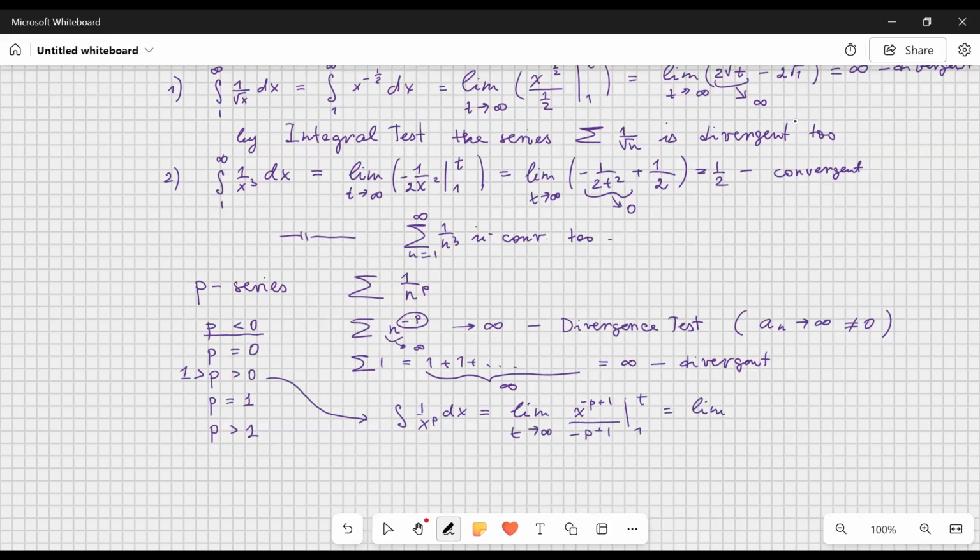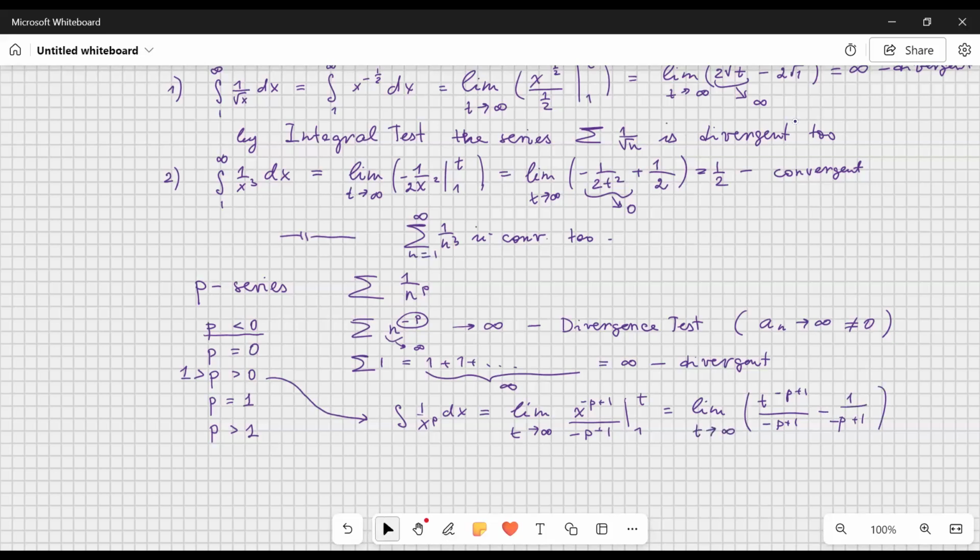It's going to be a limit of t to the power of negative p plus 1 over negative p plus 1, minus, the same thing with 1. I don't want to change the denominator, okay? So t goes to infinity.